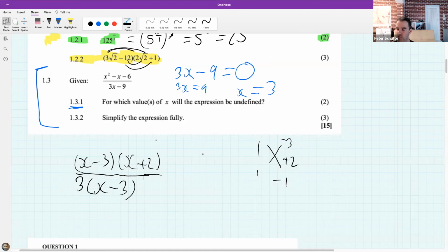What do I need to do to simplify it further? Well, there's a factor on the top and the bottom that's the same. And what we say is anything over itself is the same as 1, or essentially we cancel that. And then we're left with x plus 2 over 3.